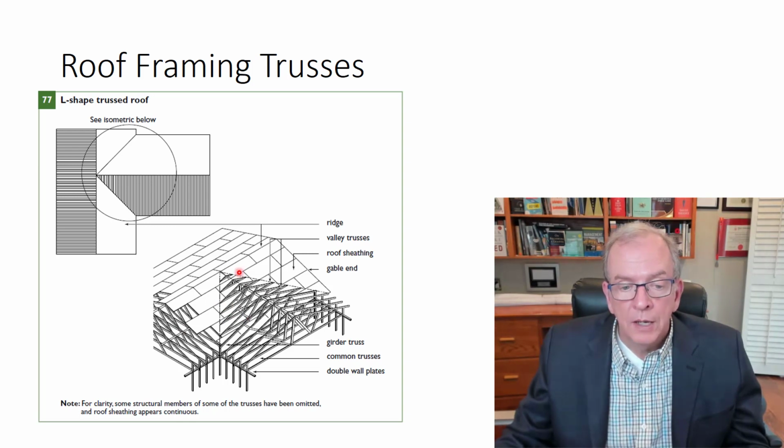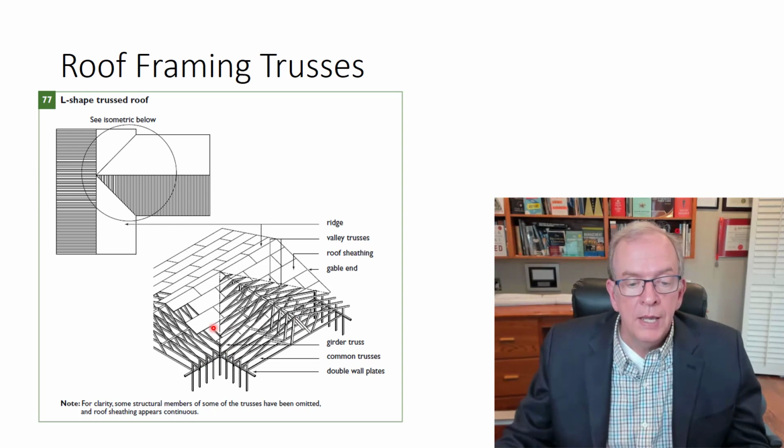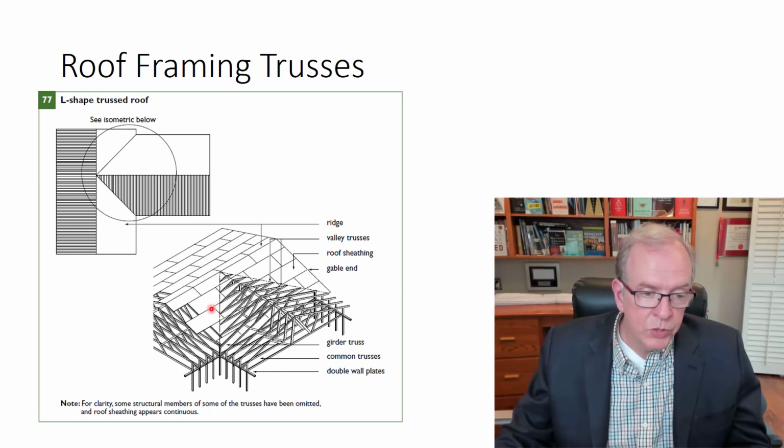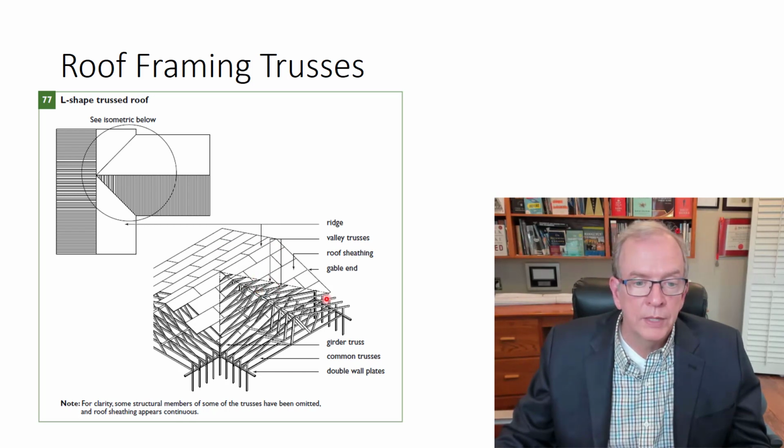So girder trusses support other trusses, so it's like a beam in that sense. And then we have our valley trusses in this case, which sit on top of another trussed roof, so that will create the valleys, where you have 2 directions of slope running into each other so the water can run down. Very quick to assemble.